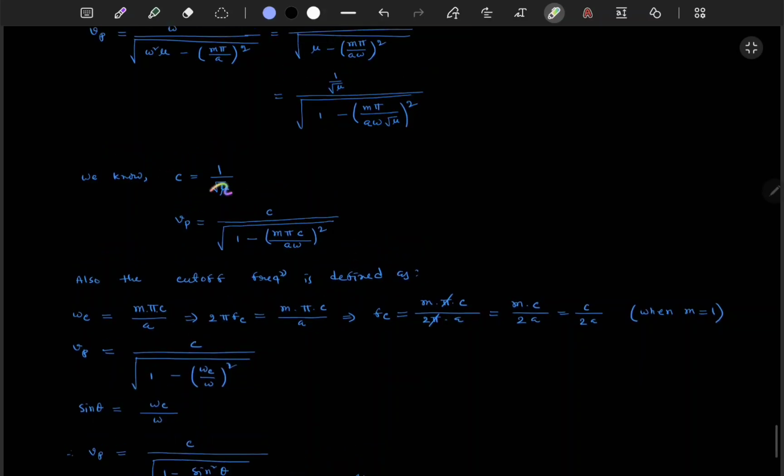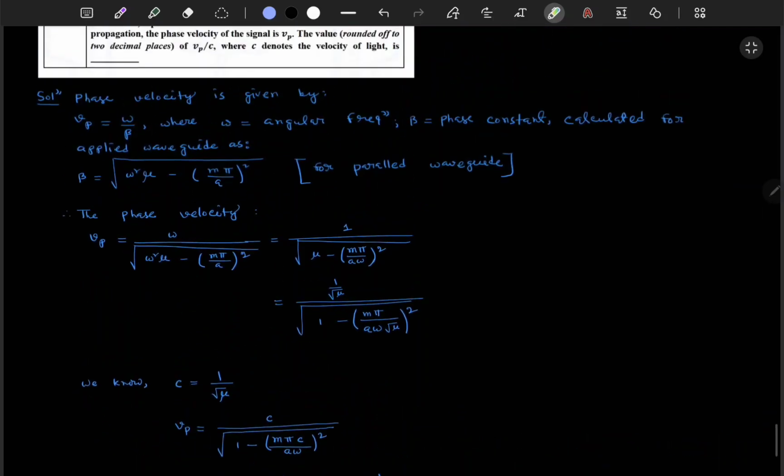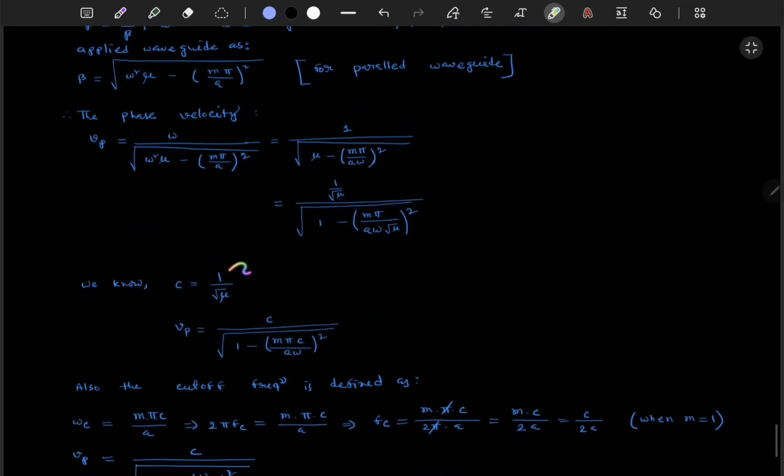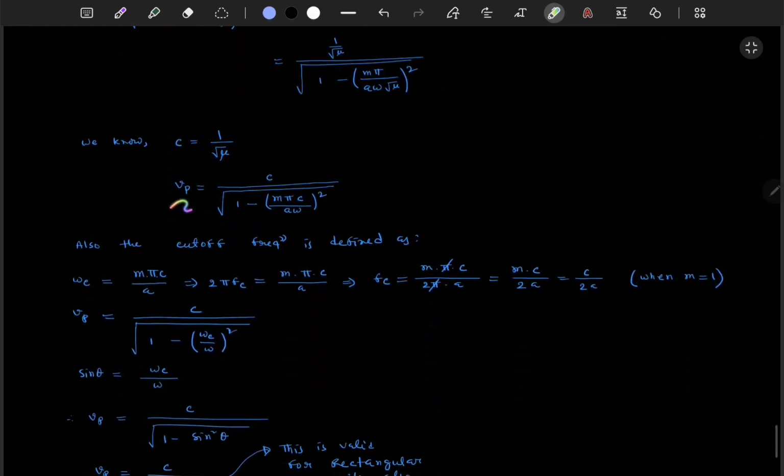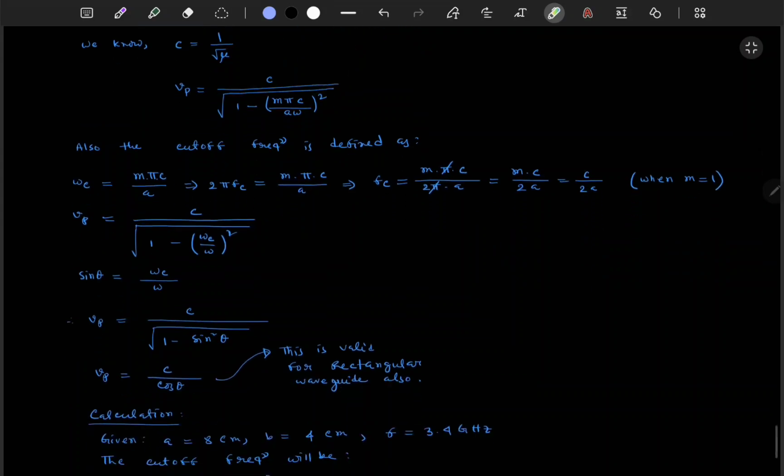Now c equal to 1 by root mu epsilon, we know this. When epsilon is 1, then c equal to 1 by root mu. So Vp equal to c by root under 1 minus (m pi by a) by omega square, and this is also c.